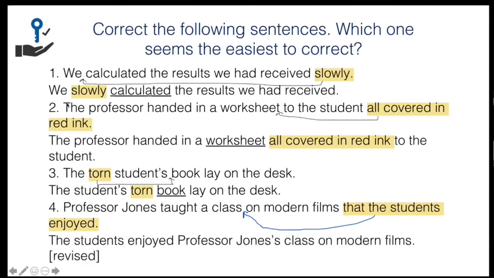Possible, maybe we can even revise the sentence, make it less heavy, and just paraphrase it. It's also possible. Sometimes when you feel it's not working just to change the position, you may pick another strategy, just rewriting a sentence. So, the students enjoyed Professor Jones's class on modern films.